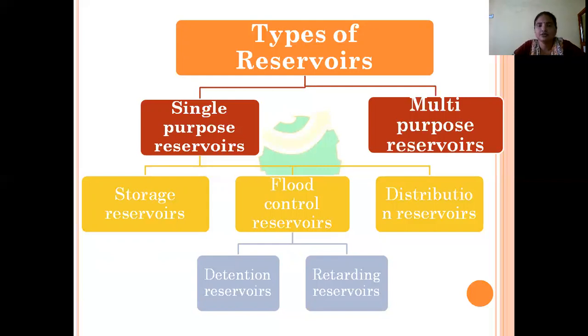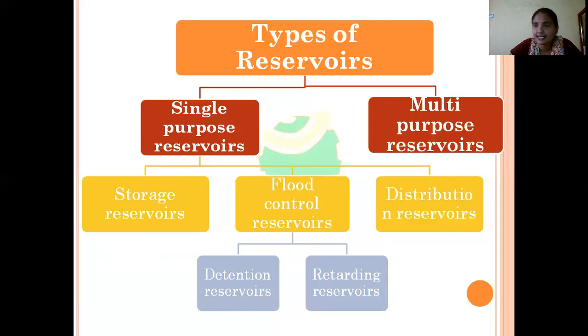But we have one doubt. For example, if we construct a dam for flood control only, and later the water is utilized for drinking purpose, then the dam reservoir will meet two needs. So is it called a multi-purpose reservoir? No. At the design time, what we think, whether it is single or multi-purpose, that is what counts.